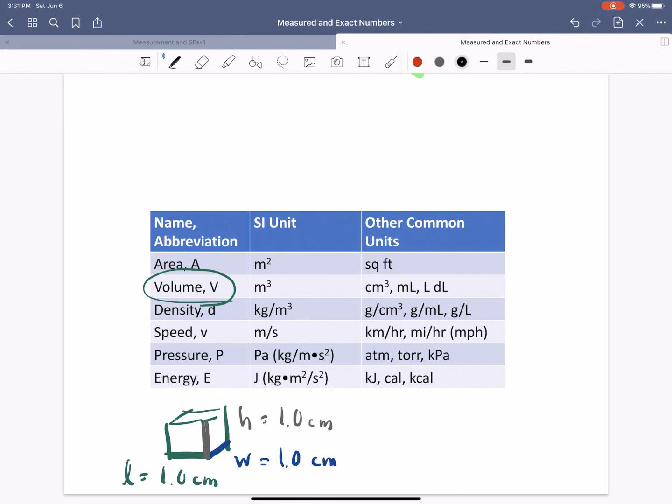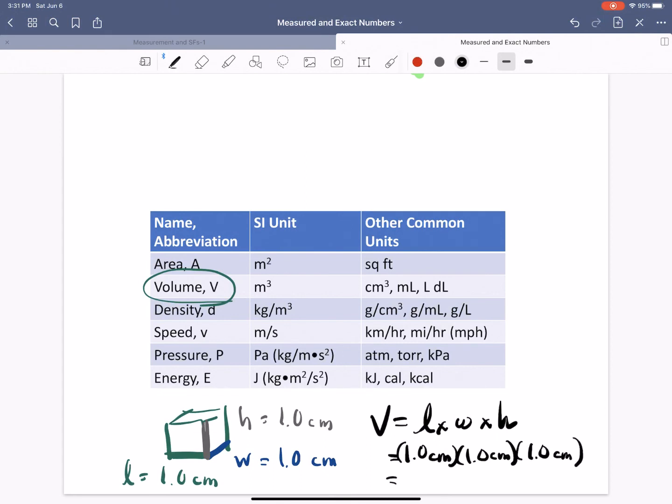If we were to solve for volume for that cube, we would need a formula, and the formula would be volume equals length times width times height. And for this particular situation, we would end up with a volume of 1.0 centimeters for length times 1.0 centimeters for width times 1.0 centimeters for height.